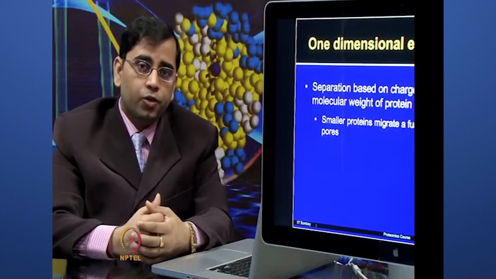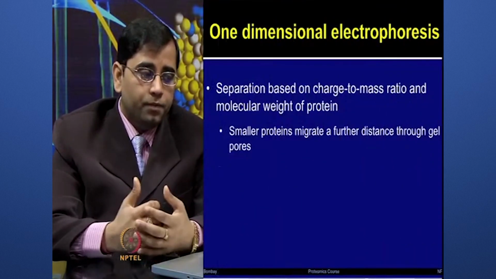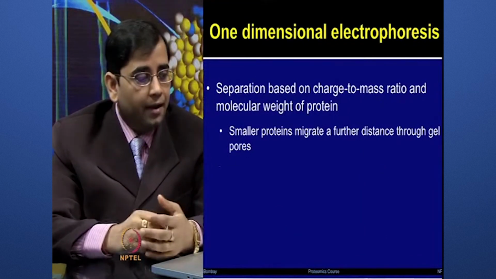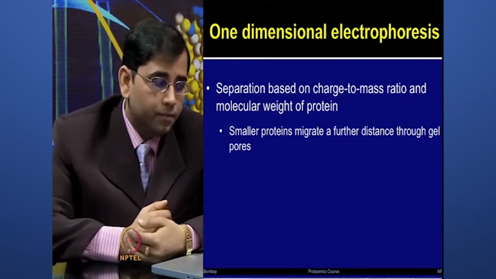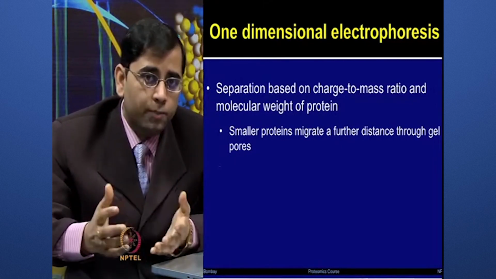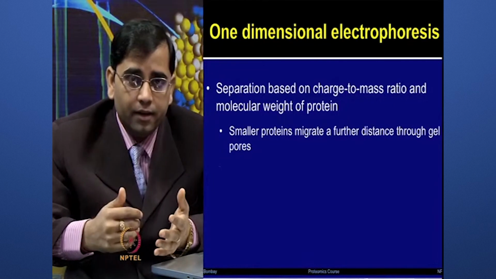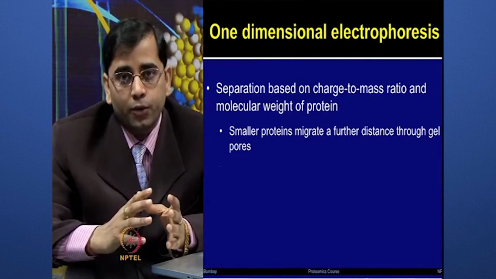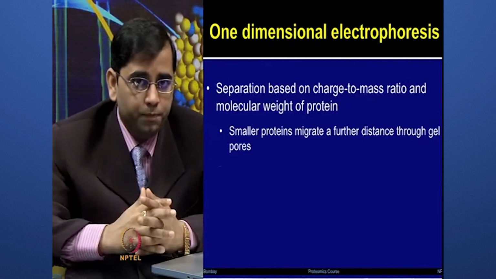In one-dimensional electrophoresis, the separation is based on the charge to mass ratio and the molecular weight of the protein. Therefore, on a given gel, the smaller proteins in the electric field will move furthest down, and the higher molecular weight proteins will remain on the top.